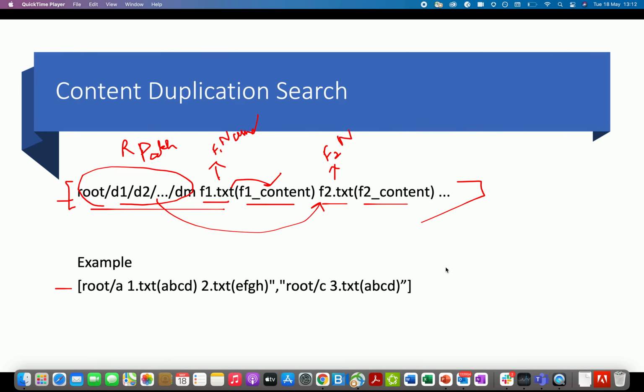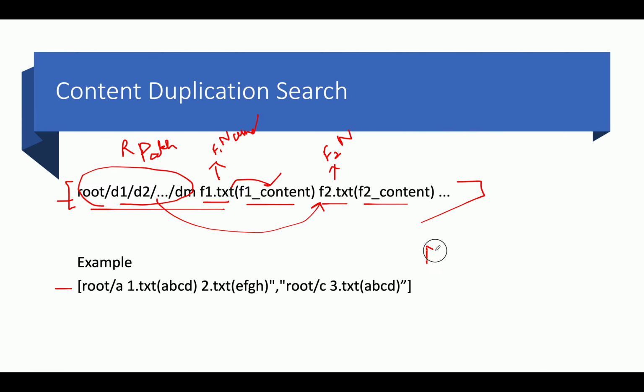What we are going to do in this question is to create a map of content. The first part would be content, and the second part of this map, the values, would be a list of paths. So a list of file paths, and by file paths I mean complete paths, root path plus the file name, list of F paths.